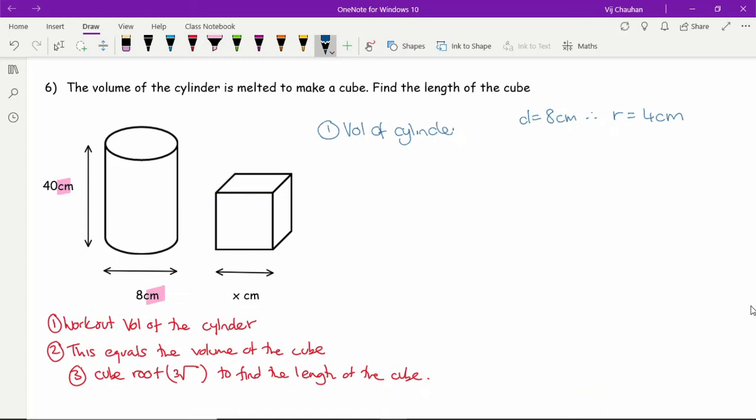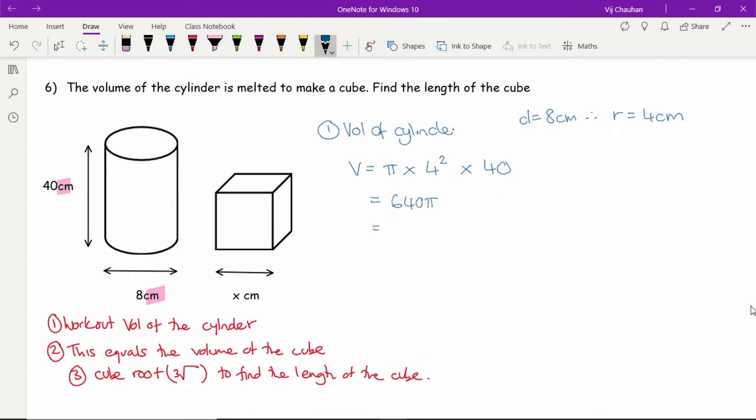So the volume of the cylinder, V equals pi times the radius squared, which is 4 squared, times the length, which is 40, and I'm going to type that straight into my calculator. So I've got pi times 4 squared times 40, which gives me 640 pi.